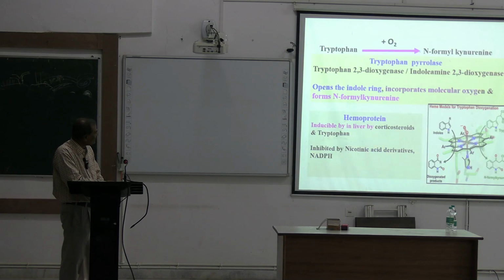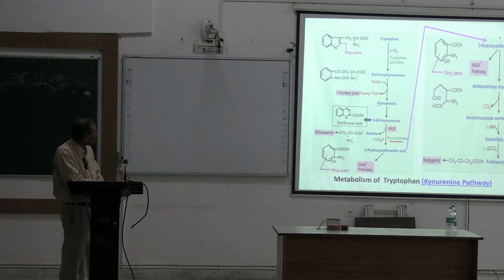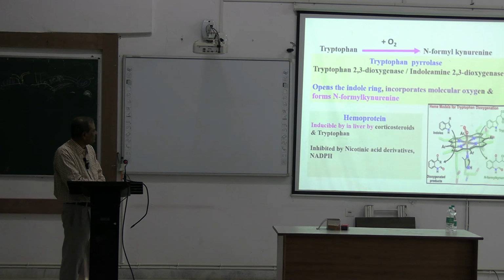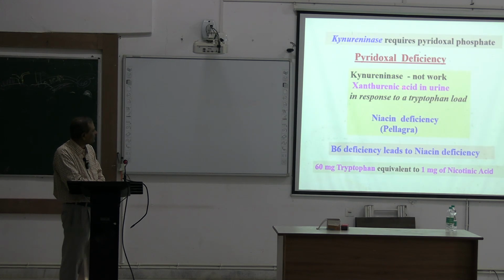If you give a tryptophan load, tryptophan will come to this stage, but because of kynureninase deficiency secondary to vitamin B6 deficiency, this will not be produced. So, xanthurenic acid will be produced from 3-hydroxykynurenine in response to a tryptophan load, and that will lead to niacin deficiency.